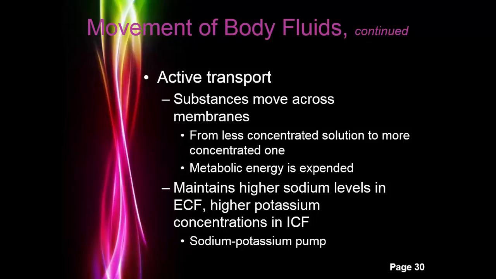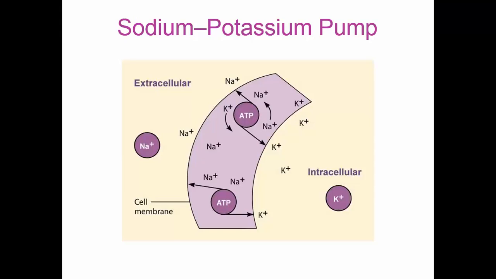That is your sodium-potassium pump working in that aspect. And here is a picture of your sodium-potassium pump. By active transport, sodium moves out of the cell and potassium moves into the cell to maintain this concentration difference. The energy source for this active transport is ATP, which is produced in the cell's mitochondria.